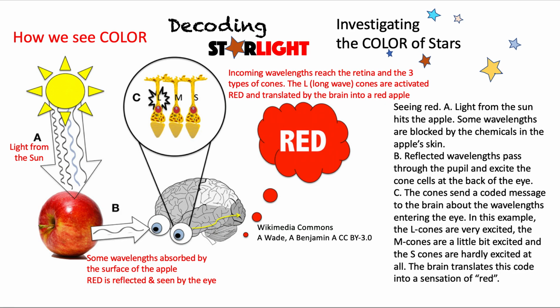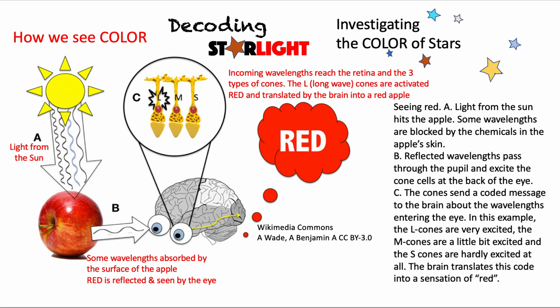Now, if we're looking at something like an apple, the eyes and brain actually see light that is reflected by the apple. Other wavelengths from sunlight have been absorbed, and the light goes onto the retina and then through the optic nerve, and will then be seen as we translate it into red.